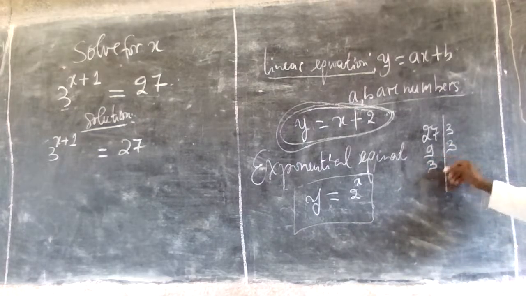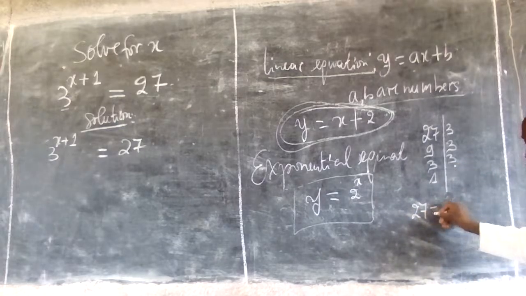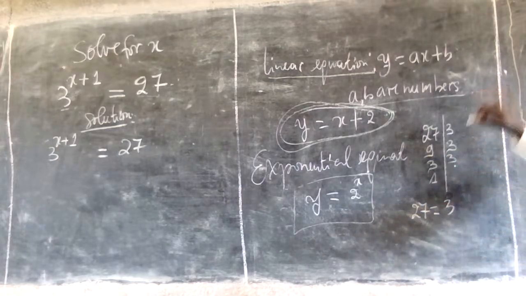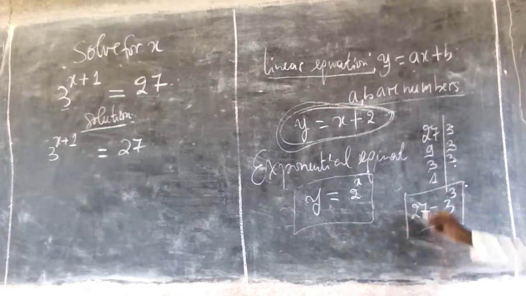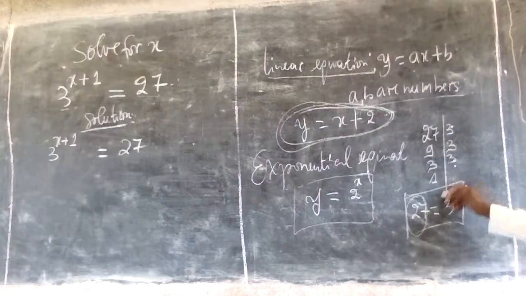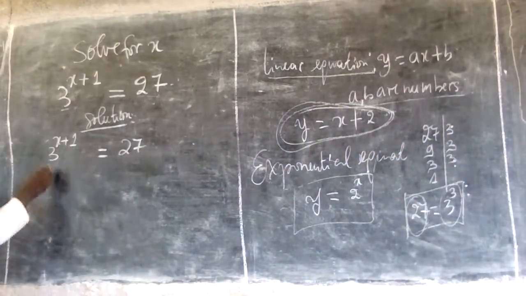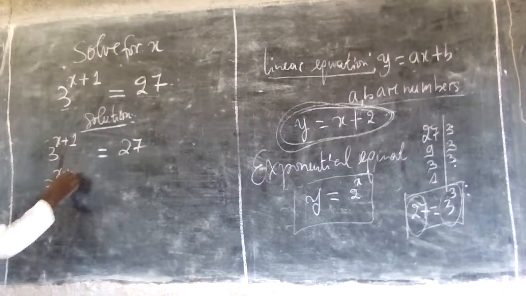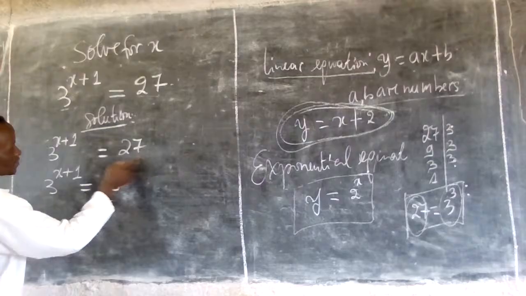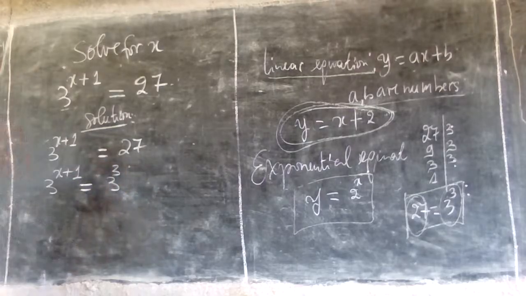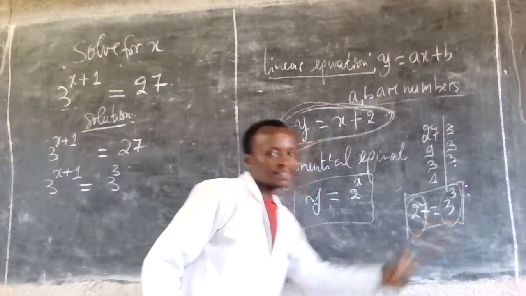We remain with 3, and 3 itself, we remain with 1. This means 27 is equal to 3 power 3. Now in the place of 27, we write this number and we remain with 3 power x plus 1 equal to 3 power 3, because 27 is equal to this one. Look here. Yes? Very good.